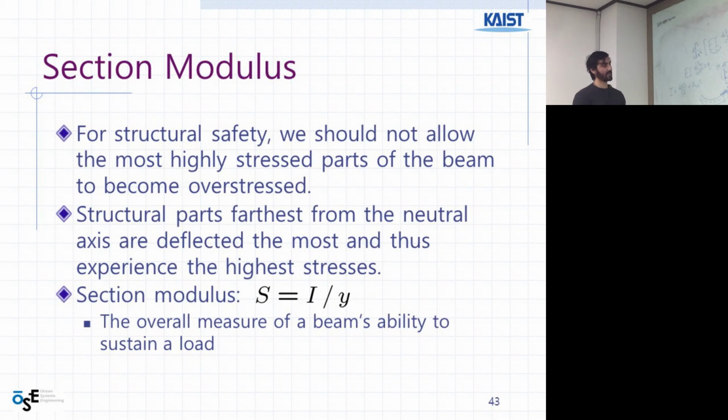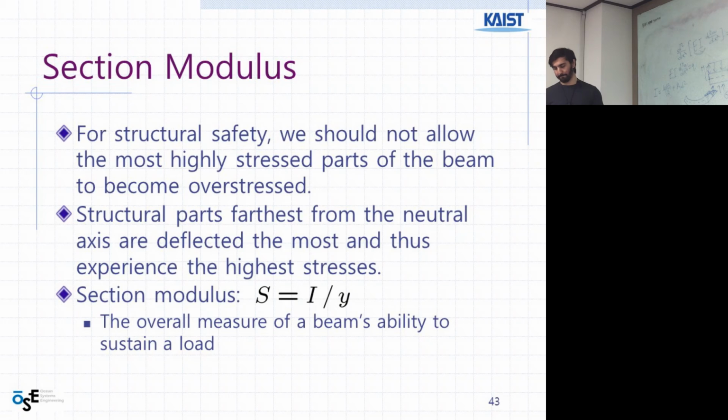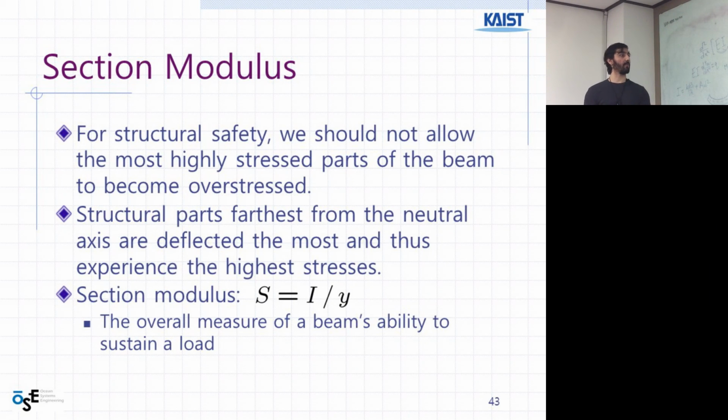The section modulus is given by S equals I over Y. Y is the distance from the neutral axis, and I is the second moment of area. This section modulus is a parameter that describes the overall measure of a beam's ability to sustain a load.